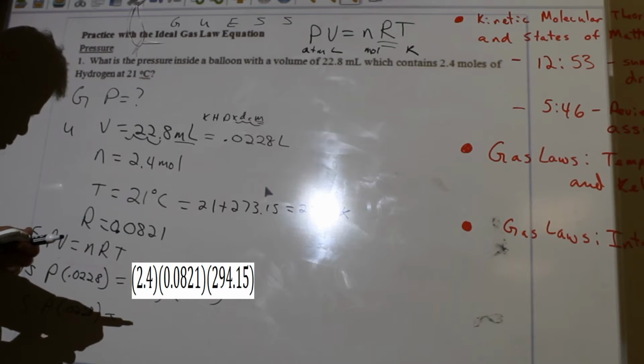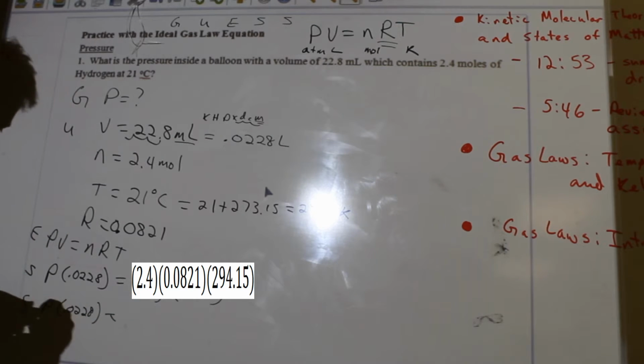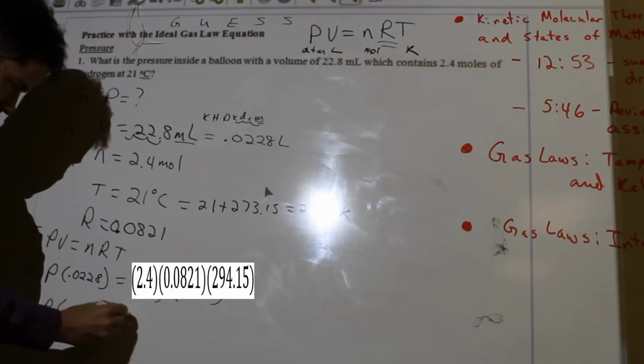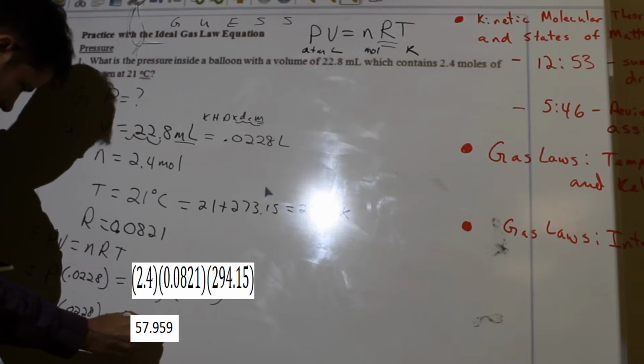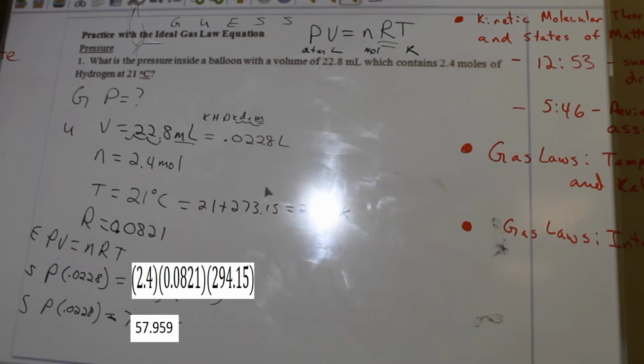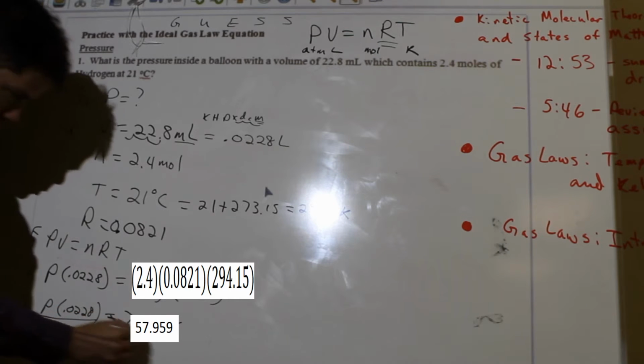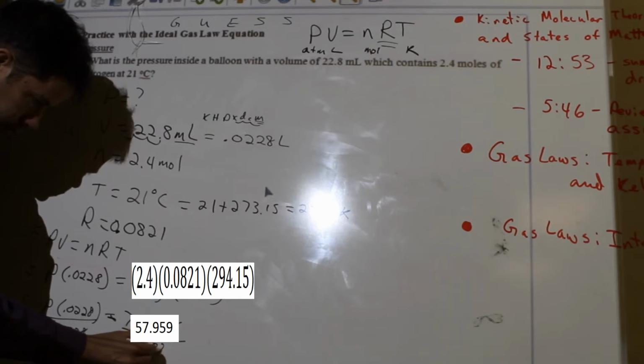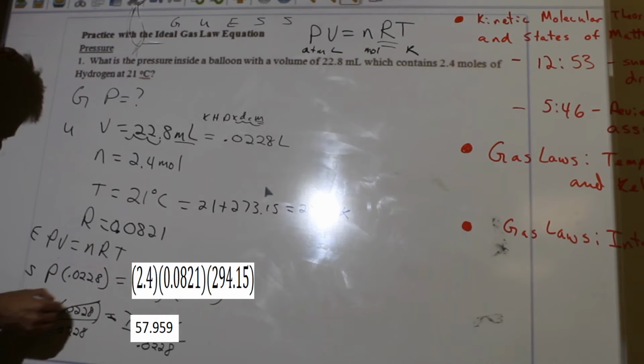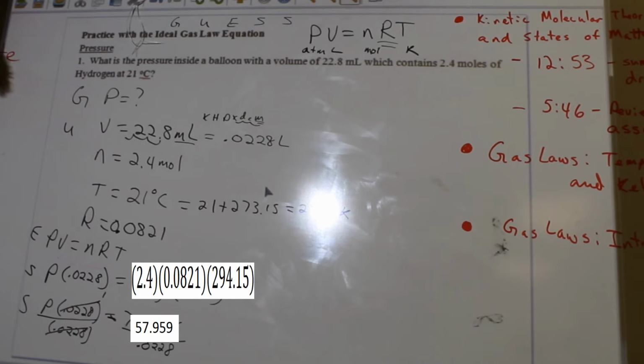So 2.4 times 294.15 equals 705.96. Now what do we do to solve for P? This number is multiplying times P, so we're going to do the opposite and divide by 0.0228 on both sides. 0.0228 divided by 0.0228 is equal to 1.